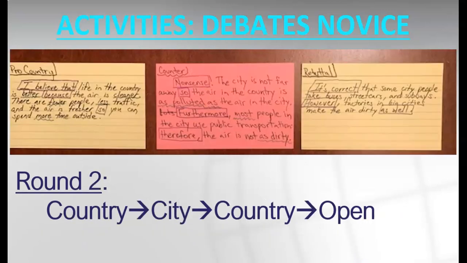Round 2 would operate the same way, but this time country gets the first word, city counters, rebuttal, and then we go to open debate. So the kids are coming up with the phrases themselves, but it's a little more structured. They're not having to necessarily come up with all of the arguments right off the top of their head during the debate.